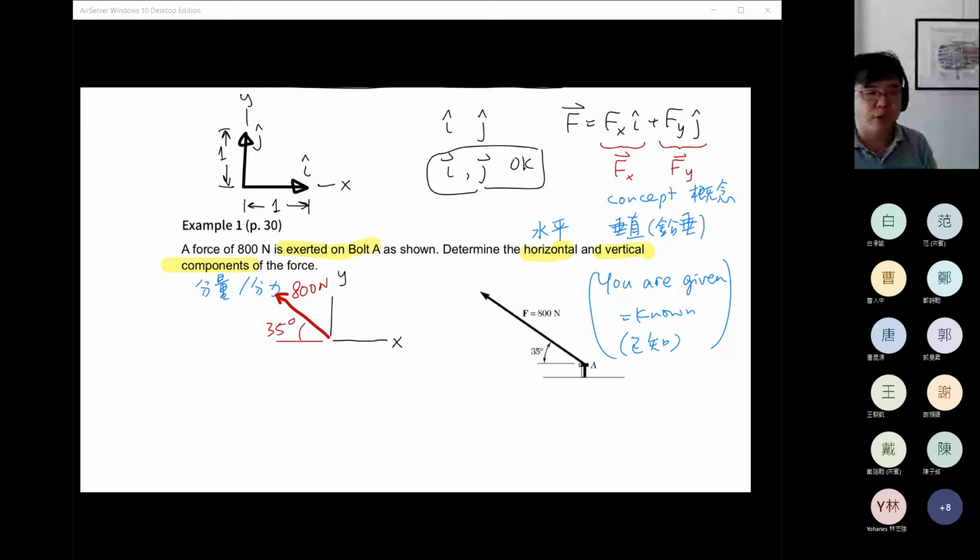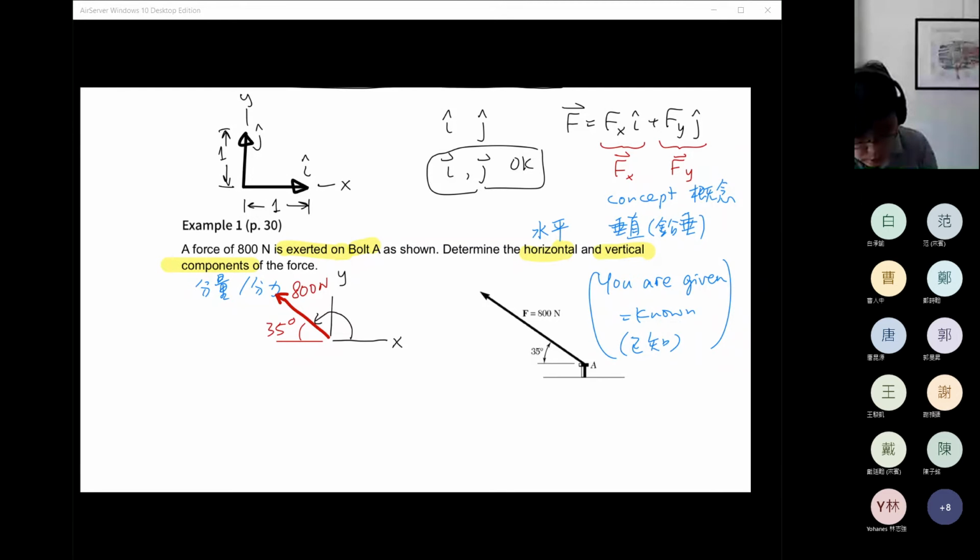That means we know this 35 degrees, but if we use xy coordinates, x towards the right as positive, y upward as positive, we cannot use this 35 degrees directly. We have to determine this angle.